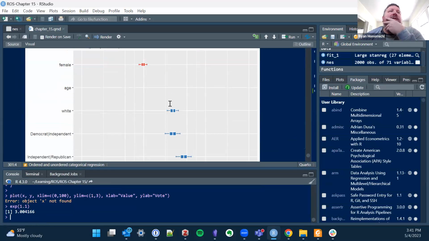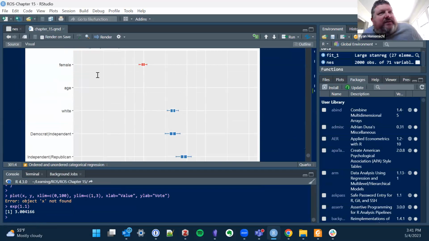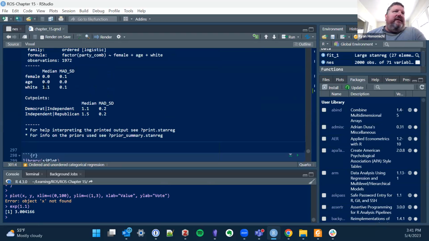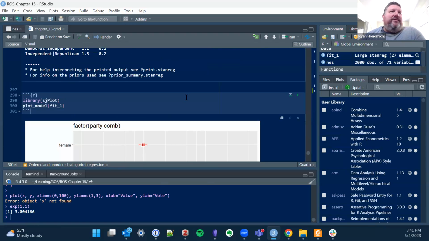What was interesting to me is that age doesn't really pop up here, because I think it's just such a small effect. I should have divided this by 10 or something like that. I'm tempted to rerun it, but it took forever, so I can't really do anything.